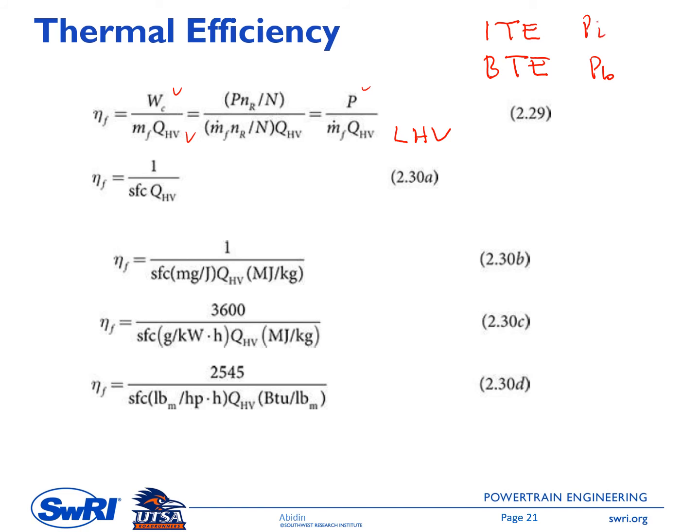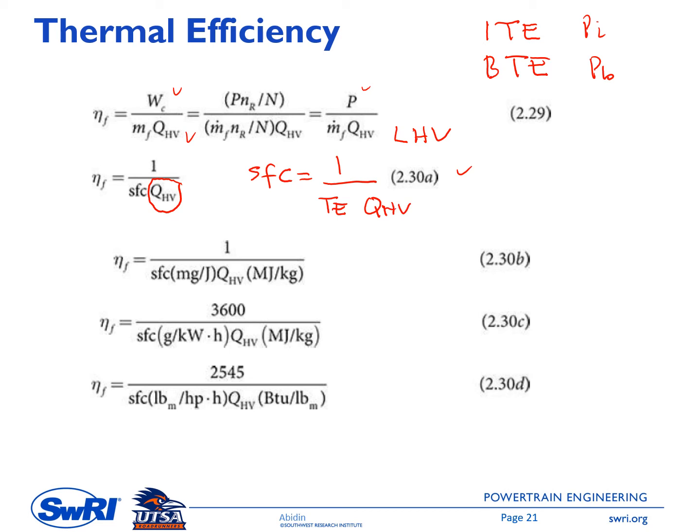And then how does this thermal efficiency correlate to the specific fuel consumption? We have equation 2.30a here. The thermal efficiency is 1 over SFC times Q_HV. So the correlation is controlled by the fuel lower heating value, or I can write it down here as SFC equals 1 over thermal efficiency times Q_HV.